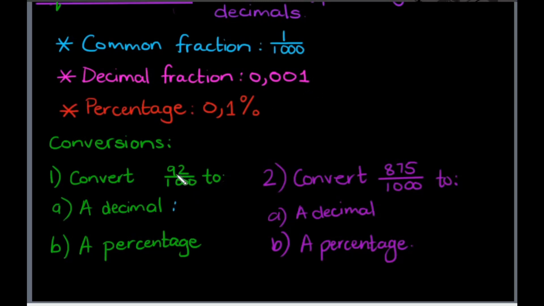So this means that the 92 becomes 0,092. Then as a percentage, I would take the 92 over 1,000 and divide it by 10, both the numerator and the denominator, and I'll get 9,2 over 100, and this will give me my percentage of 9,2.